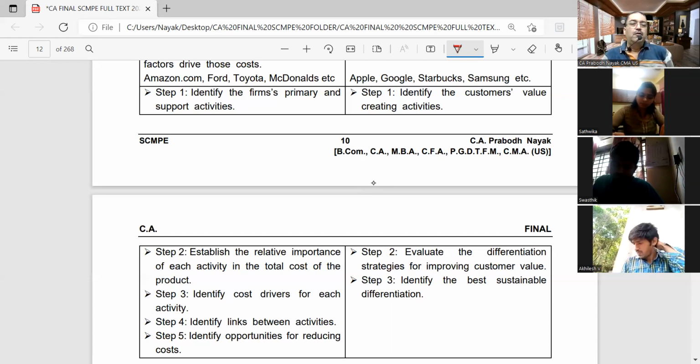Full stop. Cost for labor intensive activities are driven by labor hours, comma, speed of the work done, or the wage rate.